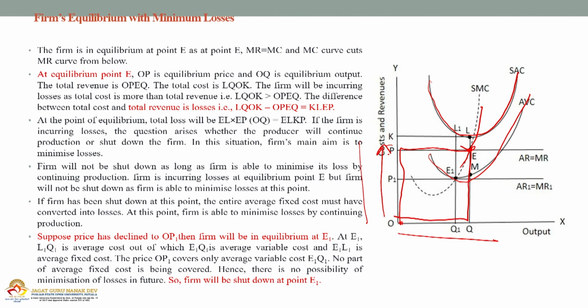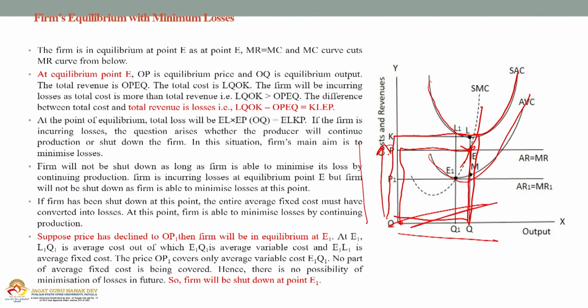Now the question is, where is total cost? Total cost is OKQ LQ. In this case, total cost is more than total revenue. There is a difference between the two.